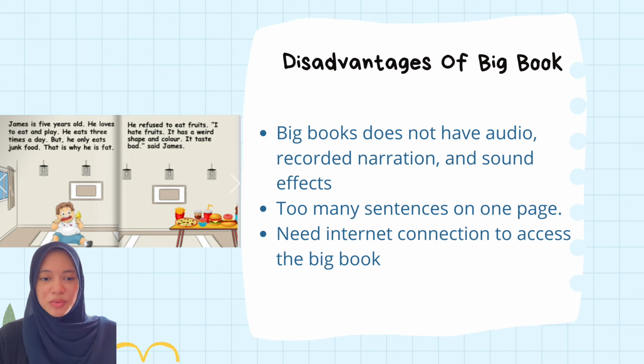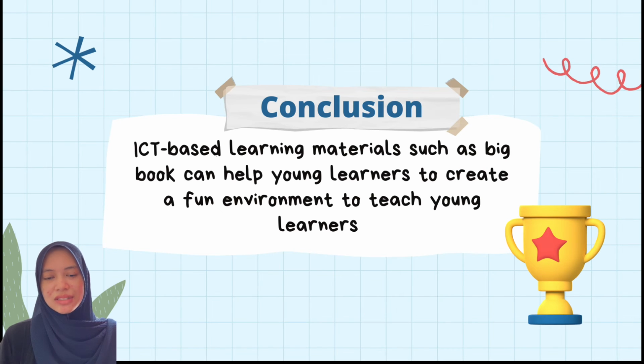To access the big book, we must have a strong internet connection. If we don't, the big book may be slow and we cannot access the animation and cannot read the big book. So it may interrupt the whole learning process and disturb young learners.